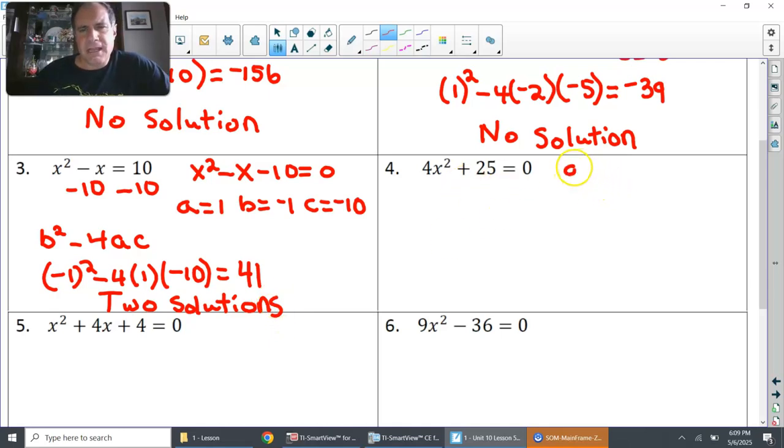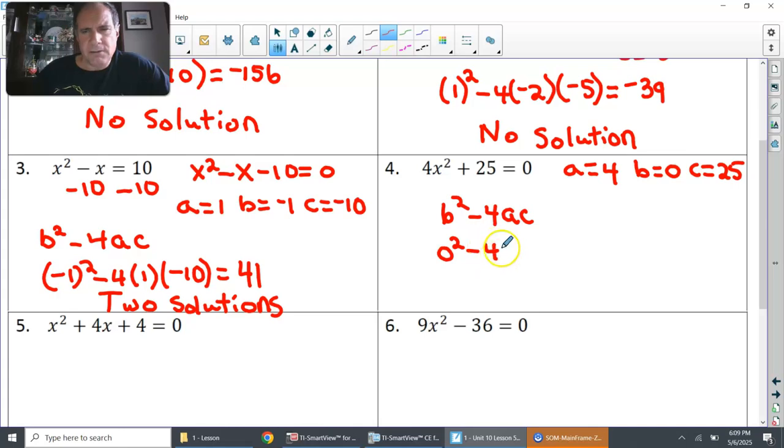This right here, A is 4, B is 0, C is 25. And this is b squared minus 4ac. B squared is 0 squared minus 4 times 4 times 25.